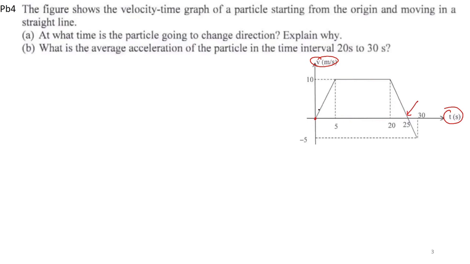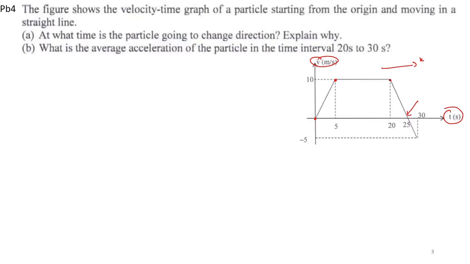I start speeding up, and you see the velocity is positive because I'm moving in the positive direction. I speed up, and when I arrive here at t equal 5 seconds, I keep constant velocity, constant speed.